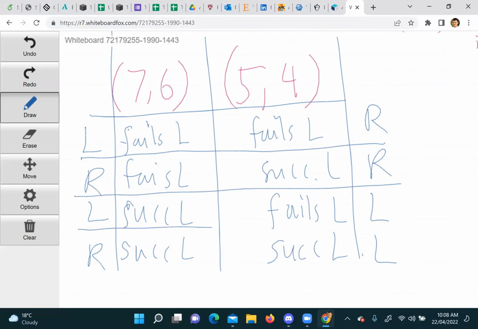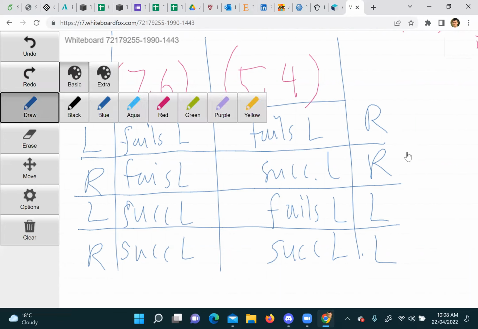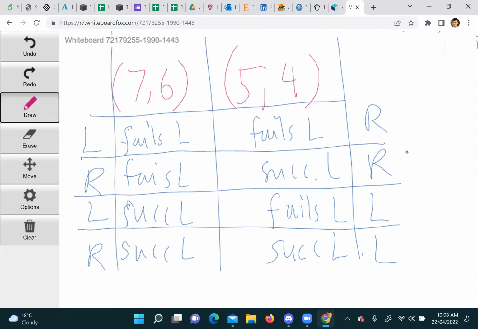And you can see in all cases, yeah, that's at least good. In all cases, here, if it fails left, it's going to succeed right, yeah? If here it succeeds left, it's gonna fail. There's like a faster way to make the argument. It's like because their strategies are opposites of each other, right?